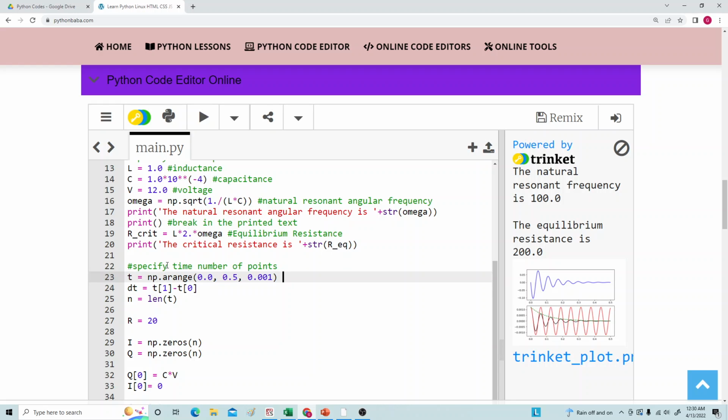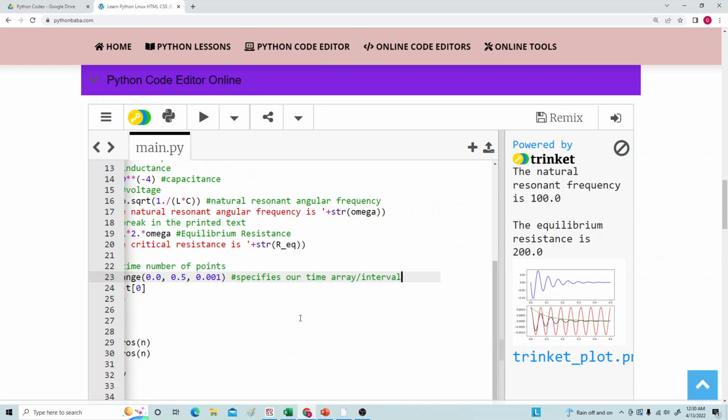So this T equals NP dot arange. This tells Python to make an array from 0 to 0.5 in increments of 0.001. So this specifies our time array and interval.